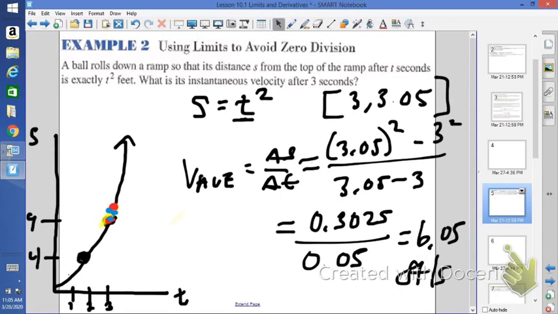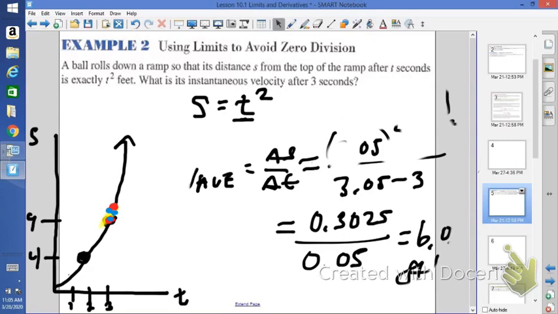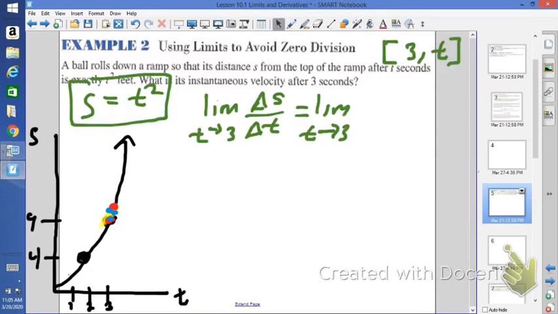Alright, in order to get the exact answer, what we're going to do is treat it like a limit. So let me erase this, pause this real quick. Alright, so what we're going to solve is the limit as t approaches 3.